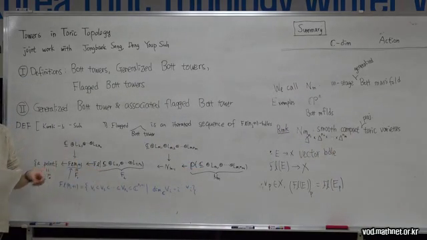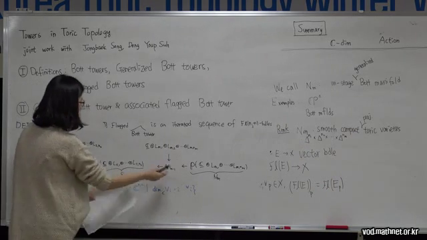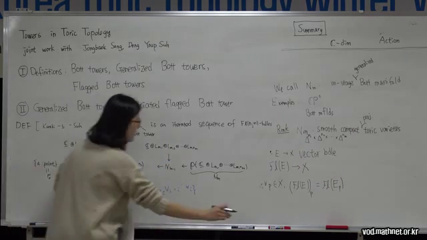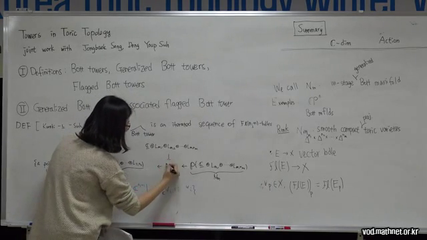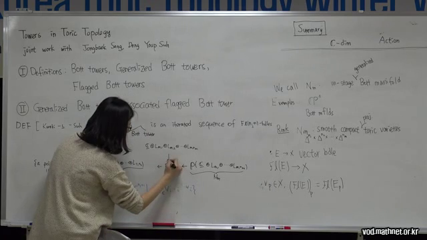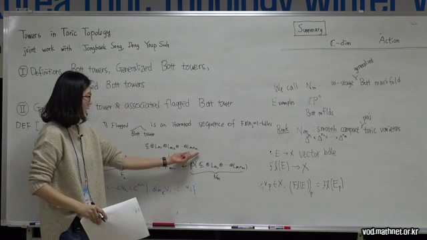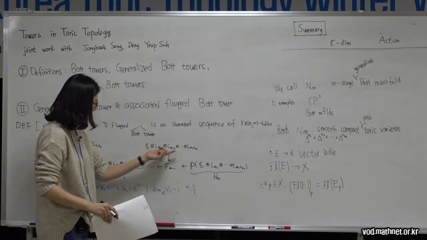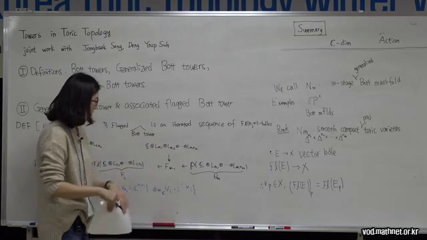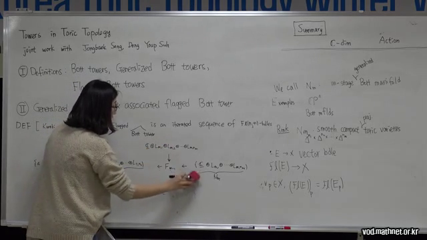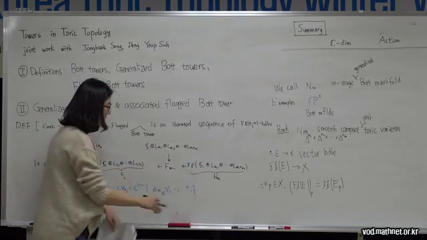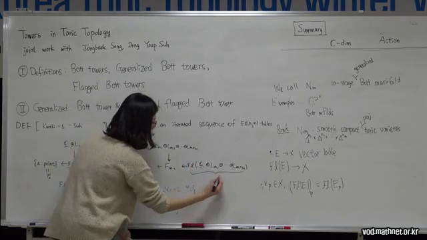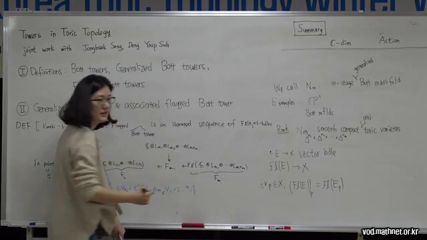This is F2, and when you do the same thing up to there, you have F_{m-1}, and consider n_m plus 1 complex line bundles, and taking the flag, you will get F_m.